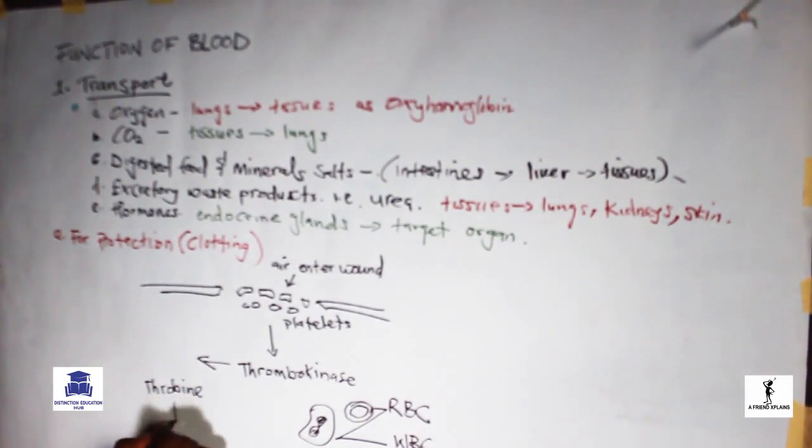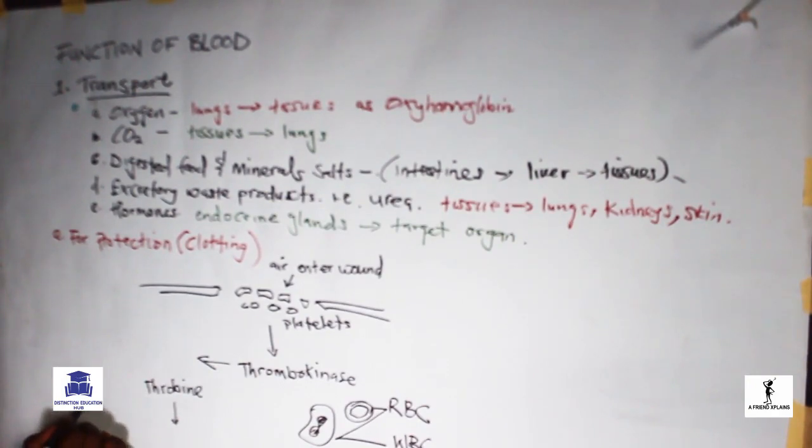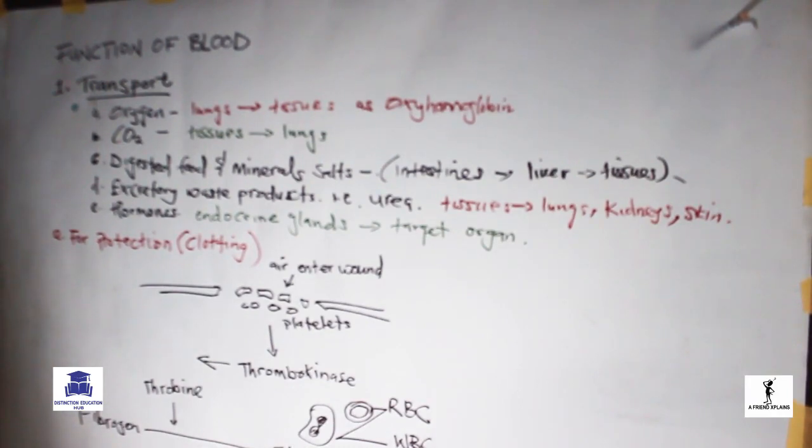When this thrombin is activated, we also have fibrinogen, a protein I mentioned. The fibrinogen is going to form another protein called fibrin. This fibrin is now the one that is going to form a clot.